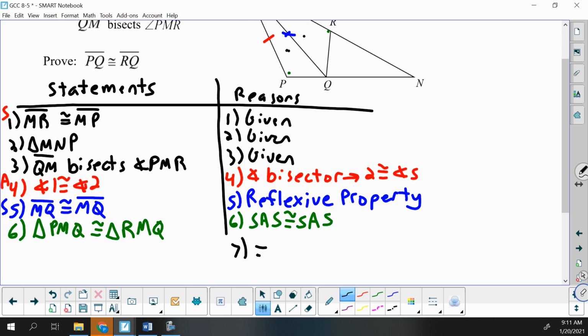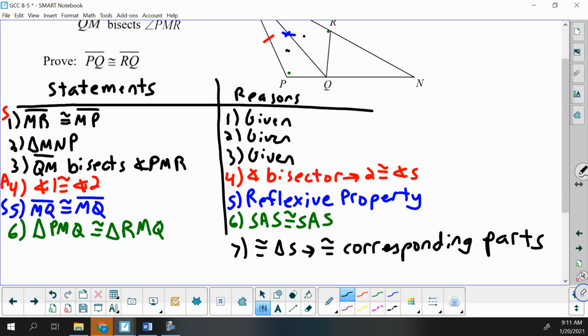So now we can do our congruent triangles implies congruent corresponding parts. And our statement is just what we wanted to prove, that PQ is congruent to RQ.